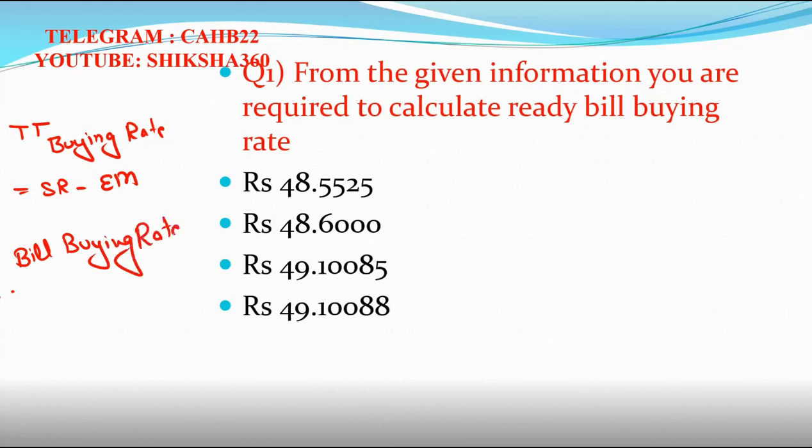You just have to remember the formula: bill buying rate is equal to spot rate plus forward premium, or if there is a discount, then minus forward discount, minus exchange margin.